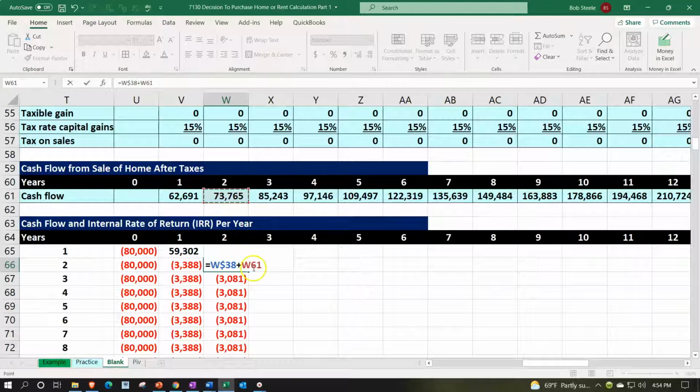If I want to copy this one down diagonally, which is the pattern we're going to look at, then what I'd like to happen is this one, I want it to move to the right, but again, I don't want it to move down. So I need a mixed reference here, a $ sign before the number, which is the 61. So mixed reference, and that should allow me to copy this down.